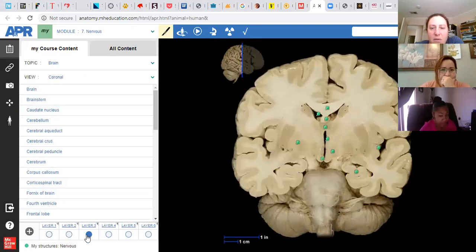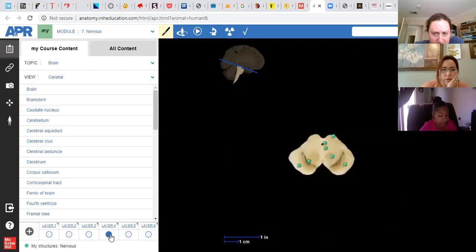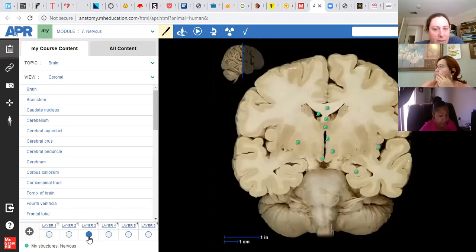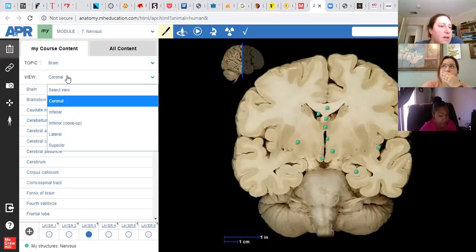If I showed you this, it would be because I wanted to ask you about something like the ventricles. Here are the lateral ventricles, here's the third ventricle, here's the corpus callosum up here. And if you go too far, that's just useless. I can't really do anything with that. So really it's this one, because nothing else is useful here.